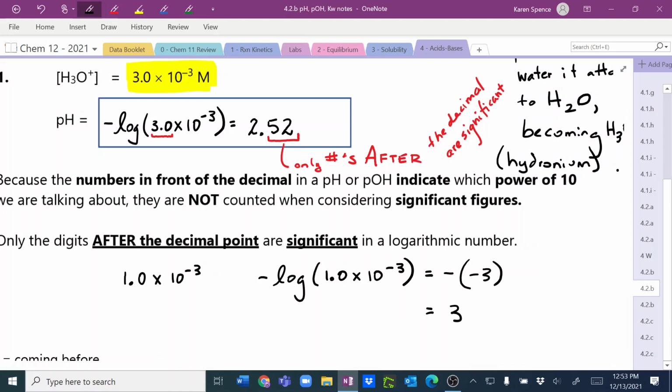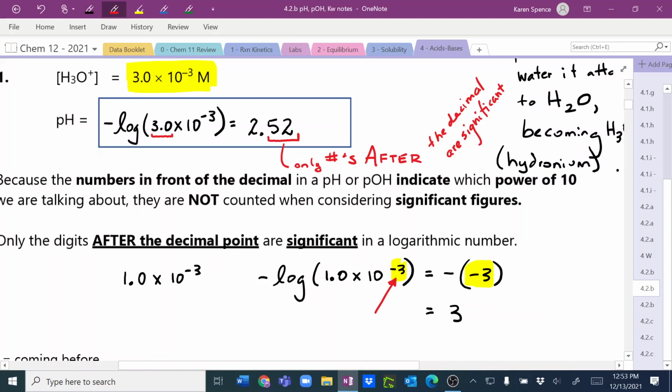Now, where did this 3 come from? It came from up there. That is our power of 10. Is our power of 10 a sig fig?